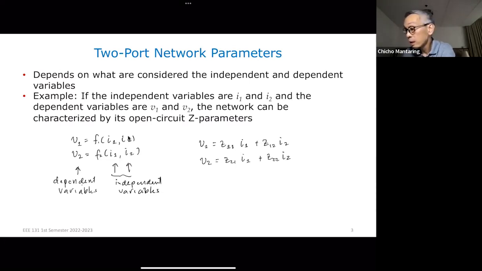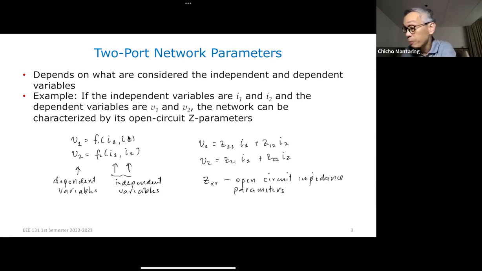And your Zxy, these Z's, these are called your open circuit impedance parameters. Now, first of all, why did they call them the open circuit impedance parameters?